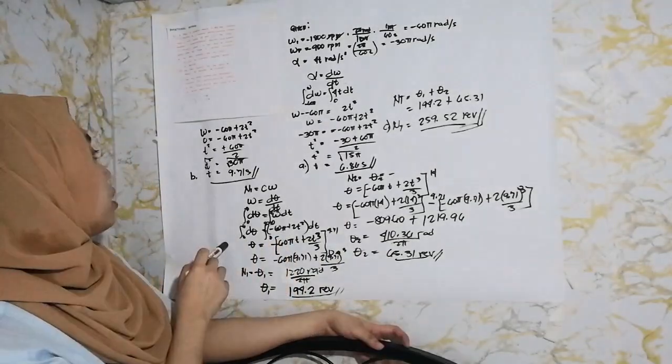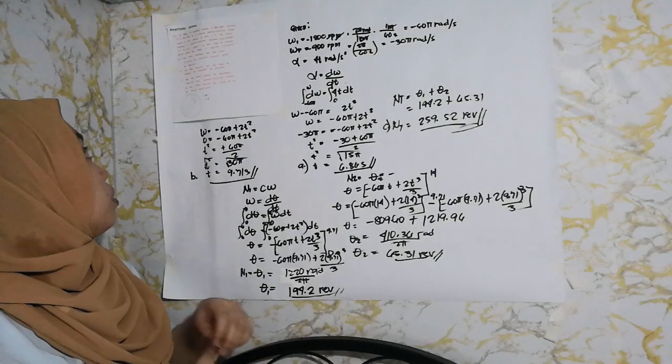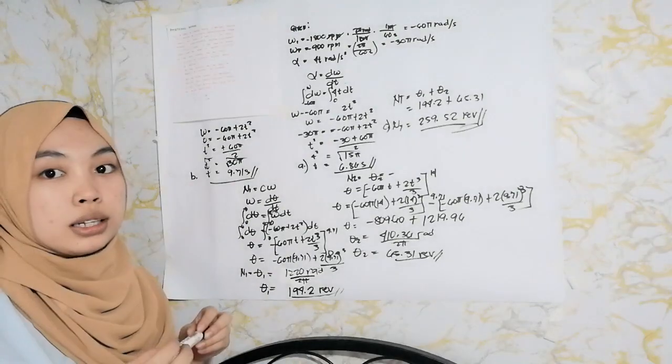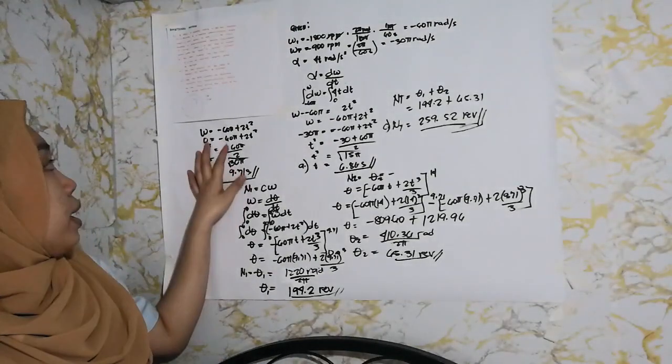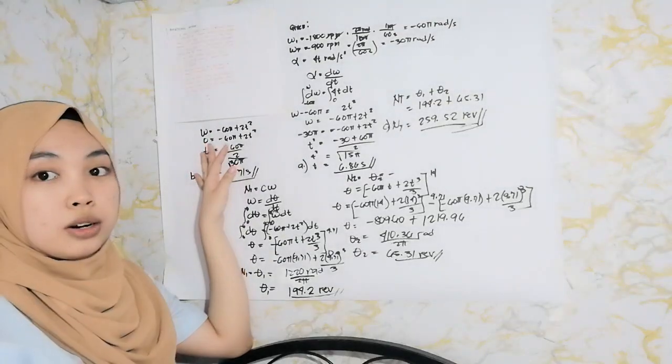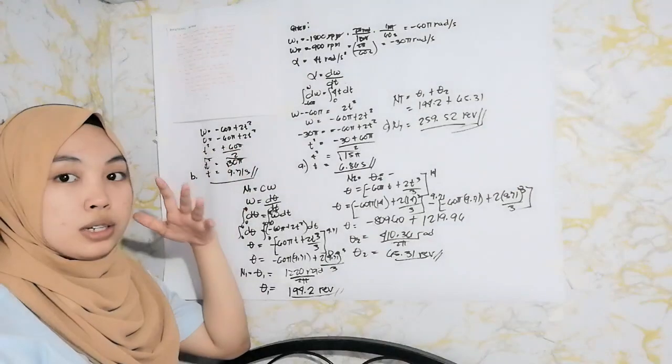For letter B, the time required for the wheel to reverse its direction of rotation. The wheel changes direction here, so we replace omega with 0, because omega is momentarily 0.